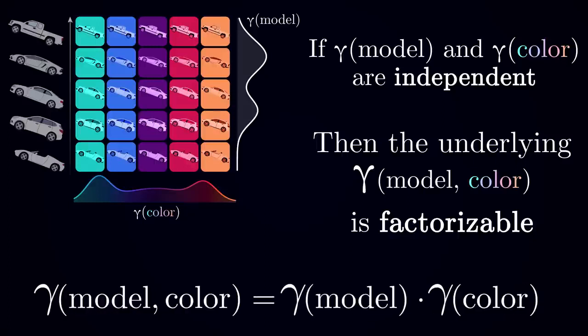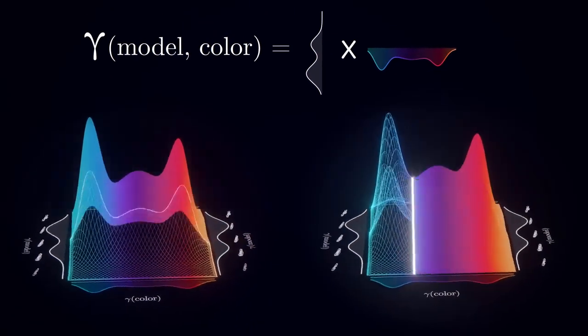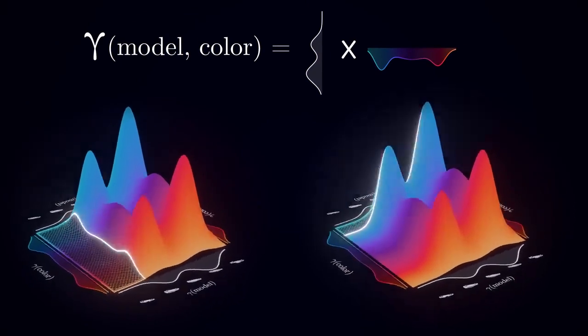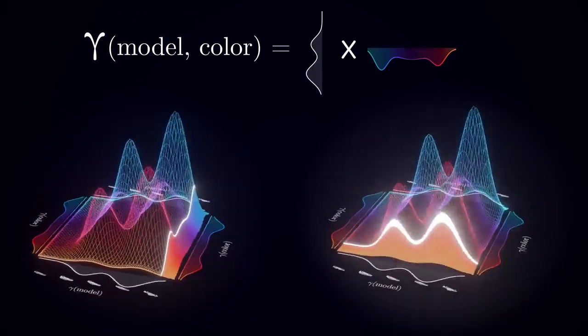Mathematically, we can describe the joint distribution to be a product of the two corresponding one-dimensional, also called marginal, distributions. It is enough for you to know the two factors separately to predict the joint distribution.